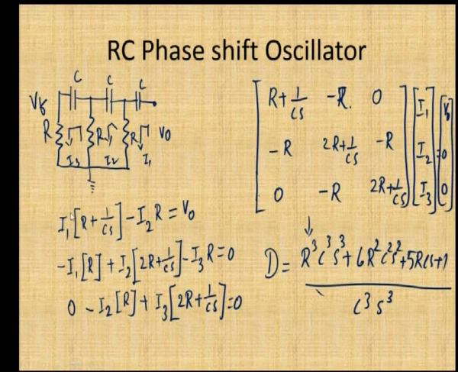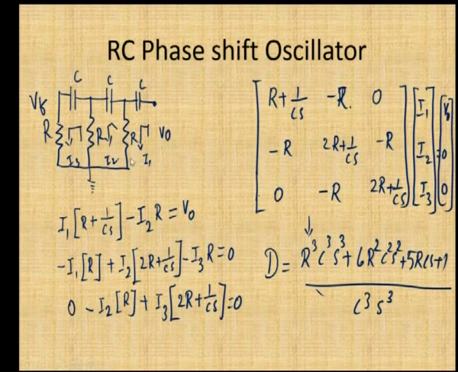So, you have to write an equation for all the loops. For the first loop, I1 is flowing through the resistor R and the capacitor C. It is given as R plus 1 by Cs, and this resistance is common to the first and second loops, so you subtract the current from the second loop through this resistance R. So, it is minus I2 R, equal to the output voltage.